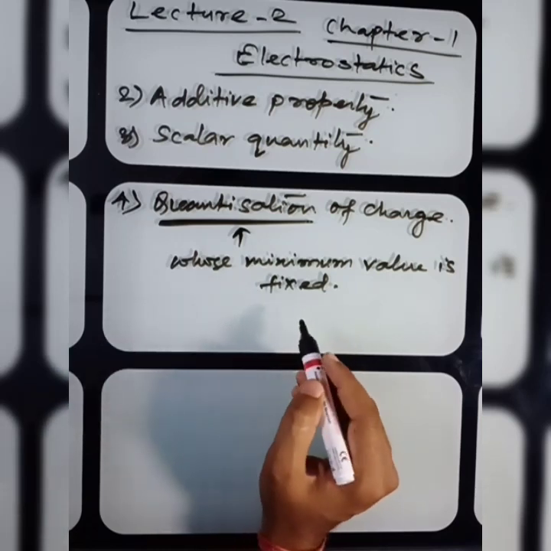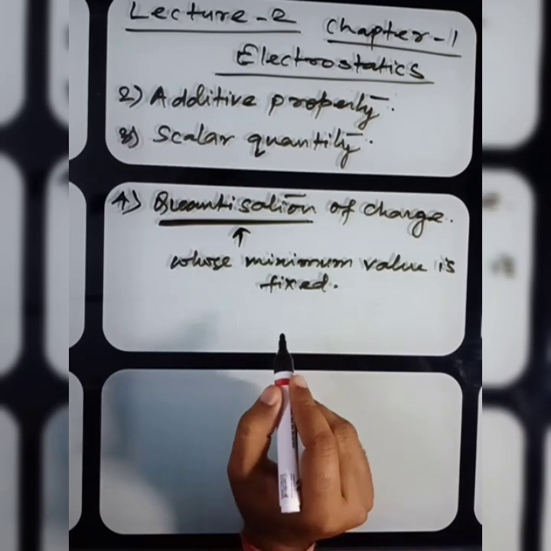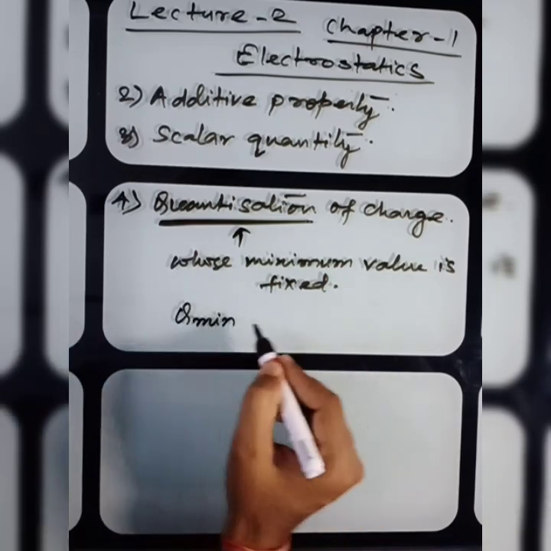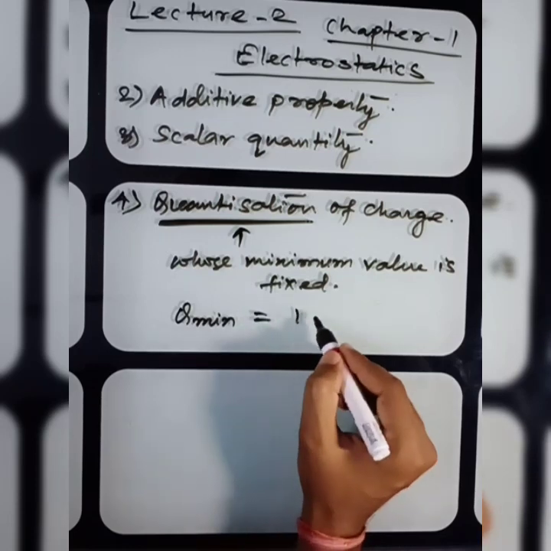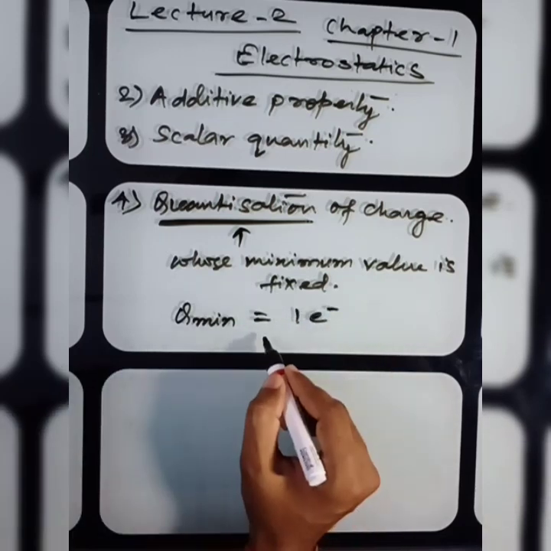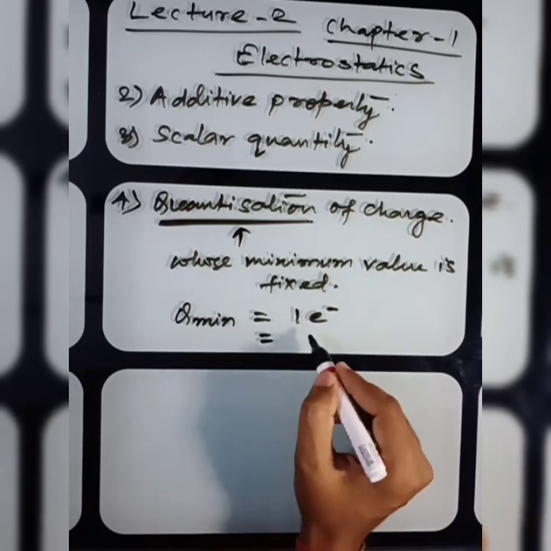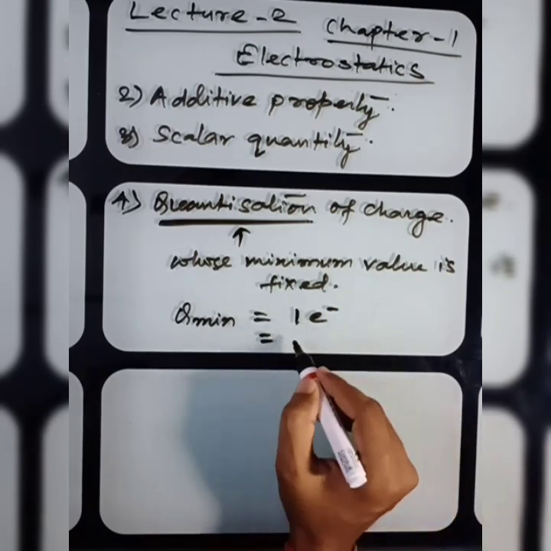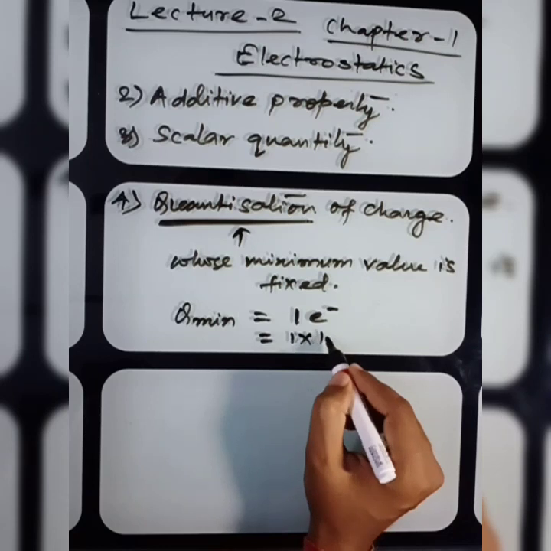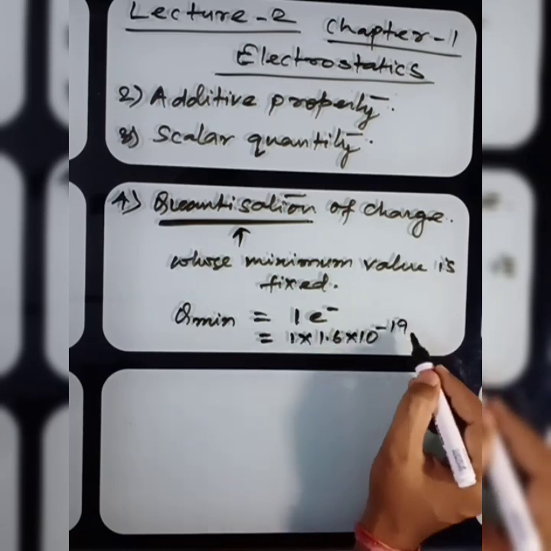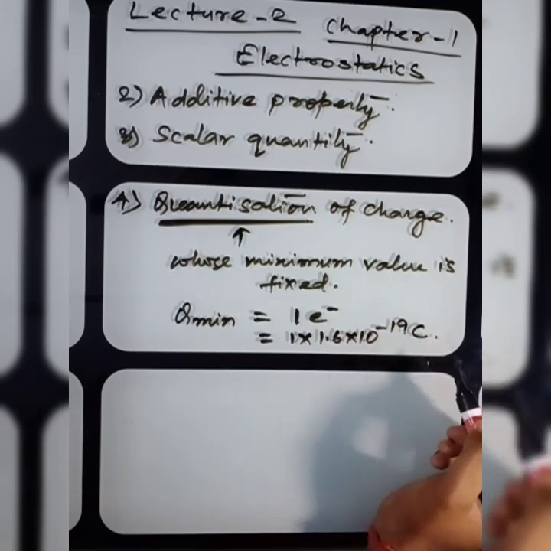Charge is quantized because charge minimum value is Q minimum, it is 1 electron. You cannot have charge smaller than 1 electron. It is 1 times 1.6 times 10 to the power minus 19 coulomb.